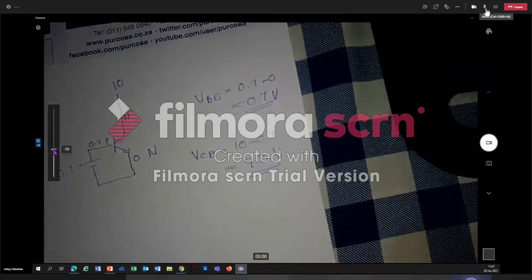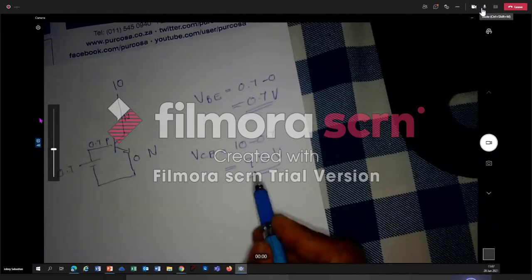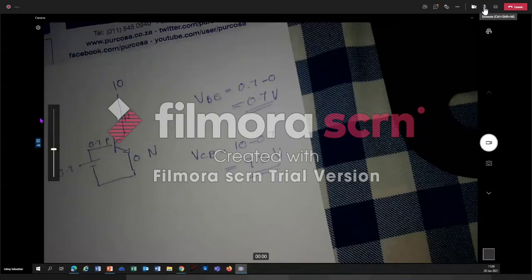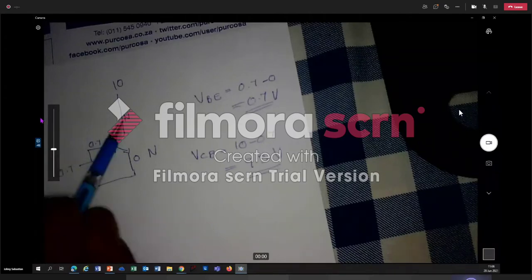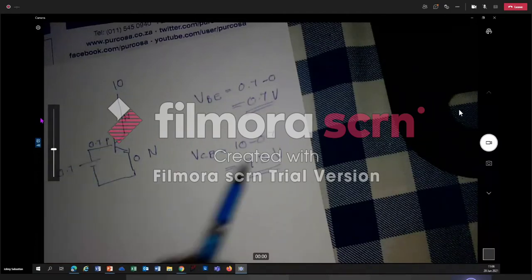I hope. Can you see now? Now, collector is N, more positive with respect to base by 9.3 volt. Certainly, it is a reverse bias.